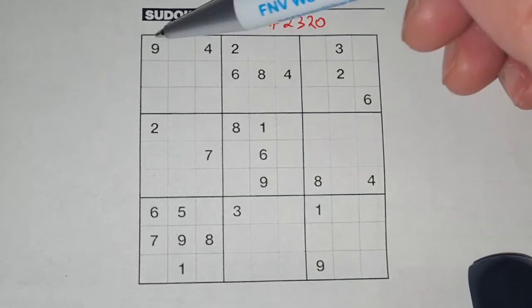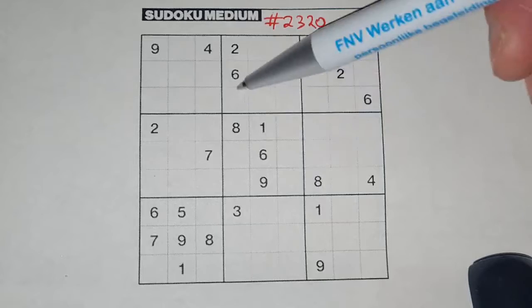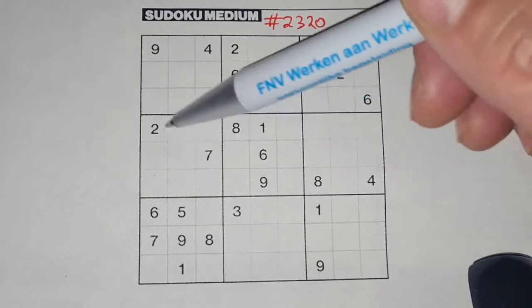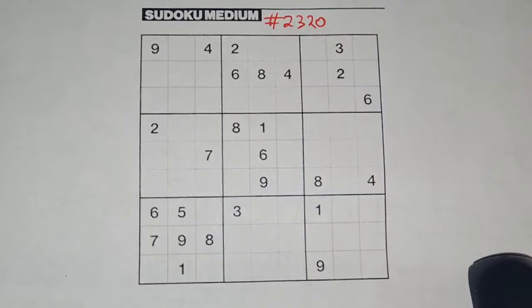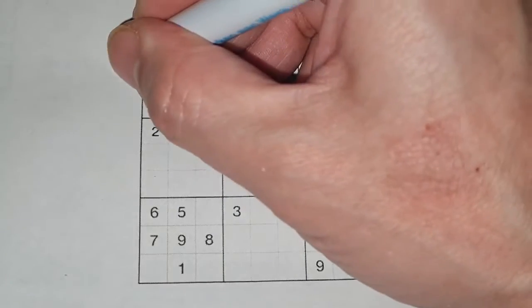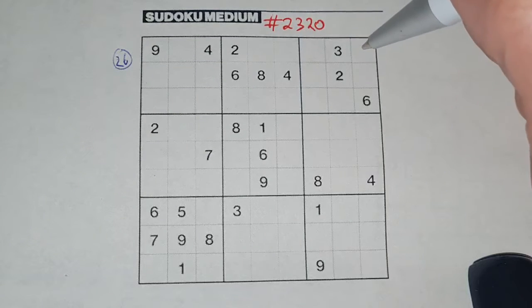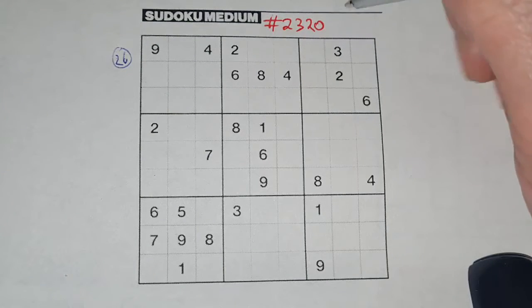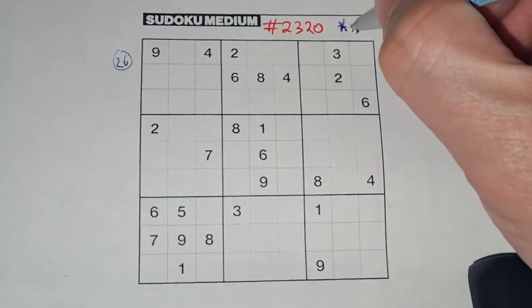Well, let me count this. 1, 2, 3, 4, 5, 6, 7, 8, 9, 10, 11, plus 4, 15, 17, plus 3 is 20, 26. 26 printed digits. If you compare with the 1 star, 2 stars, 3 stars, and 4 stars, in additional, this will be a 2 stars Sudoku.